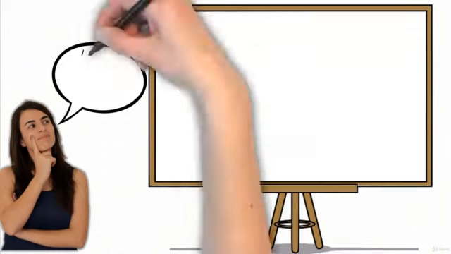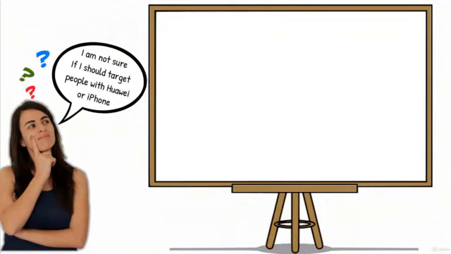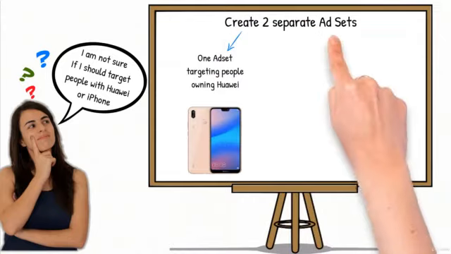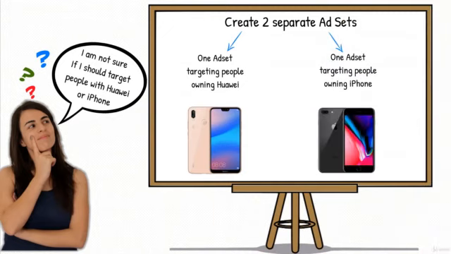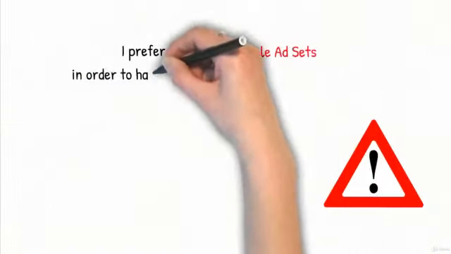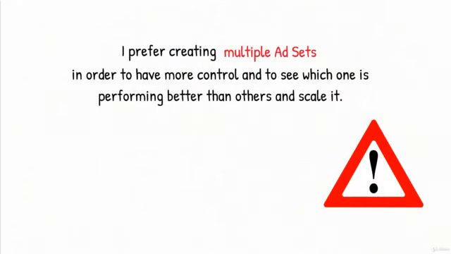Also, as another example, if I have a certain doubt that people having a Huawei will be more interested in my product than people having an iPhone, then I will create 2 different ad sets, each one targeting people having a specific phone, and see which one converts better, and then shut down or optimize the second one. Personally, I prefer creating multiple ad sets in order to have more control and to see which one is performing better than the others and scale it.